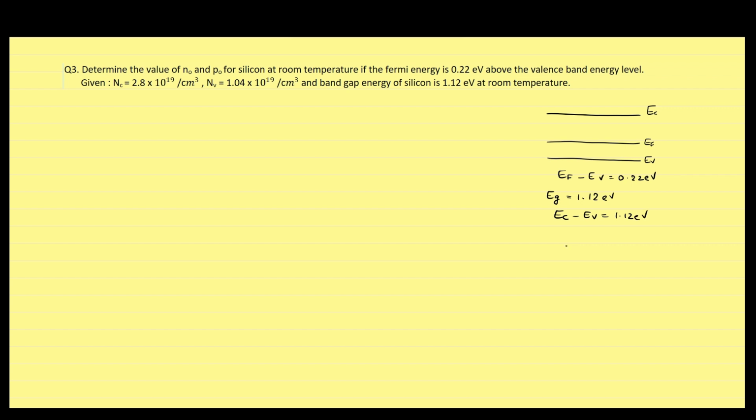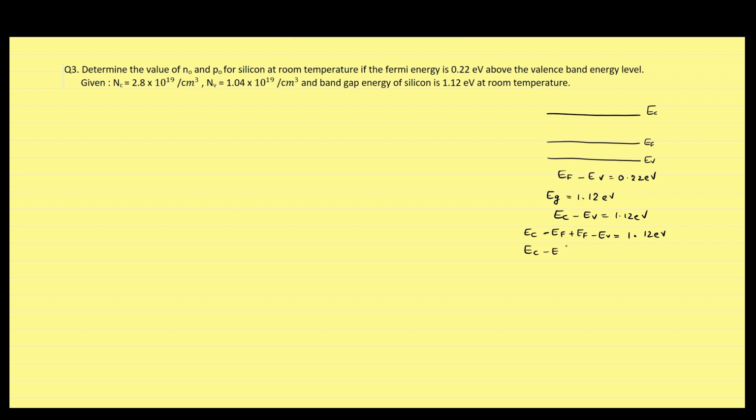Now EC minus EF plus EF minus EV, plus and minus sign will cancel each other, giving 1.12 electron volt.